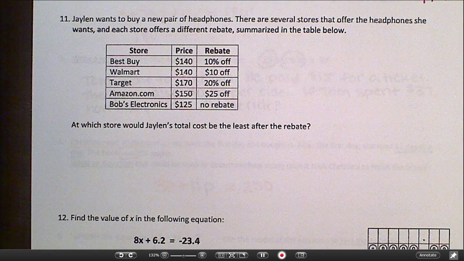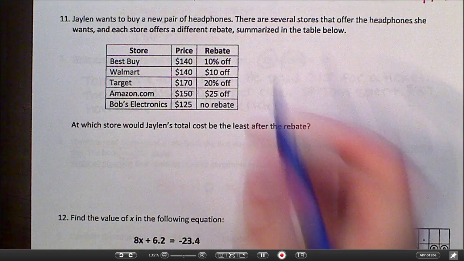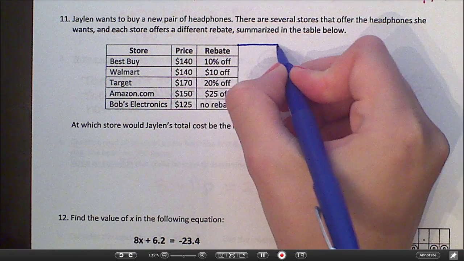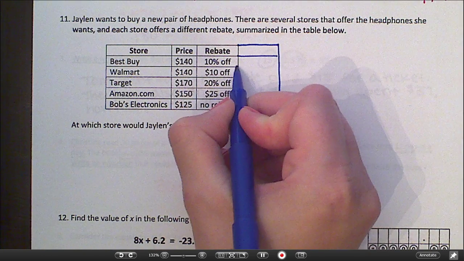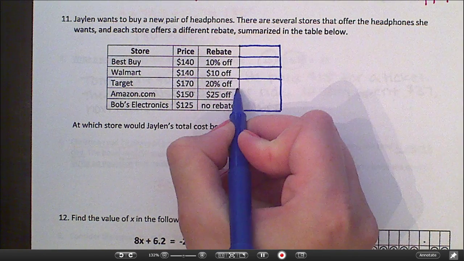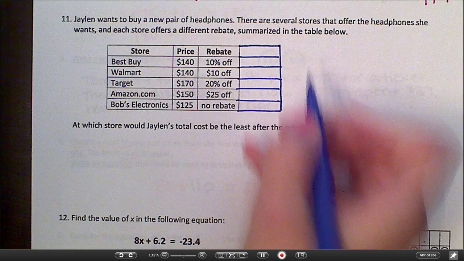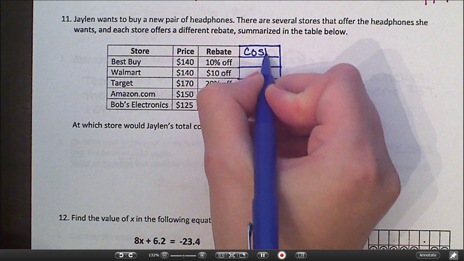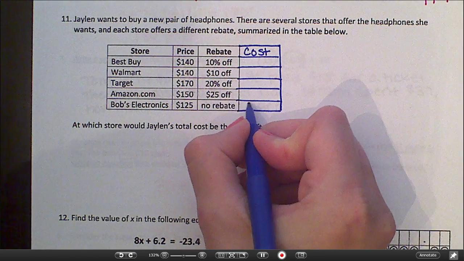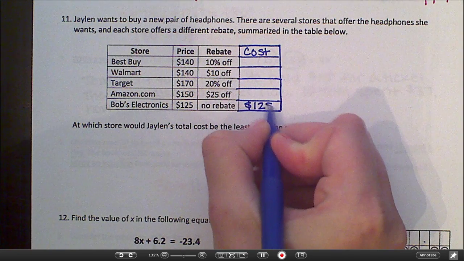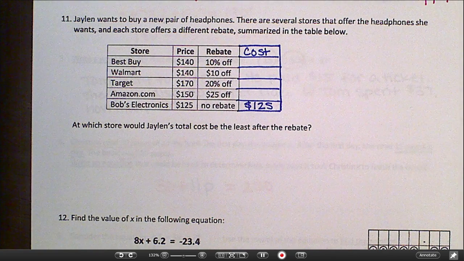So if I were you, I would add an extra column over here for my final cost. And Bob's Electronics is going to be the easiest. There's no rebate on that, so my final cost is going to be the same as the normal price, $125.